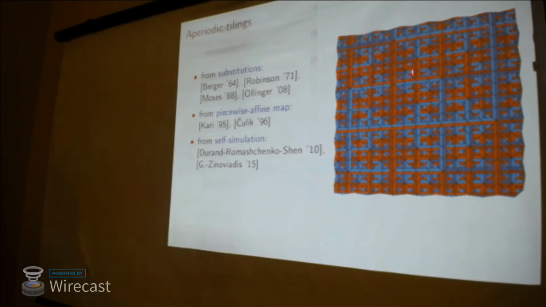The third one in chronological order is in some sense very close to the first one, in the sense that it's some kind of dual, because it's based on the notion of self-simulation. Self-simulation is, instead of having an inflation rule for letters, you have an interpretation of each big square as a unique letter.